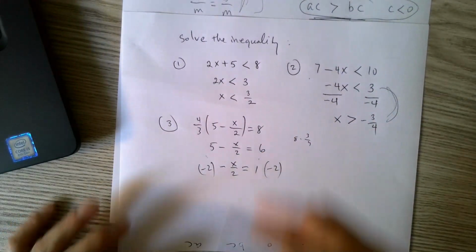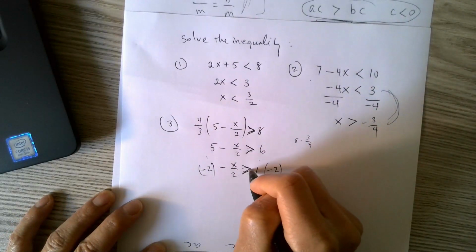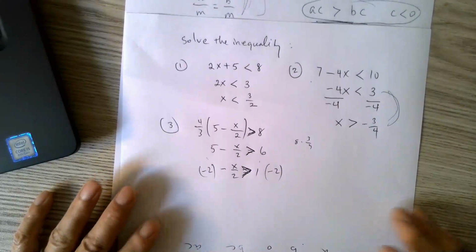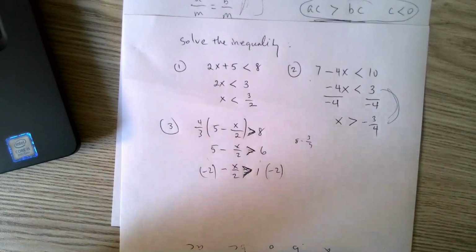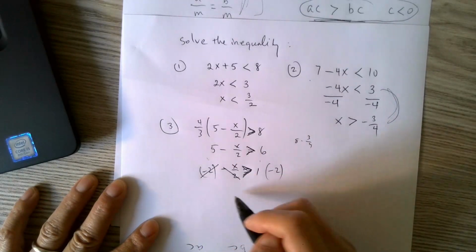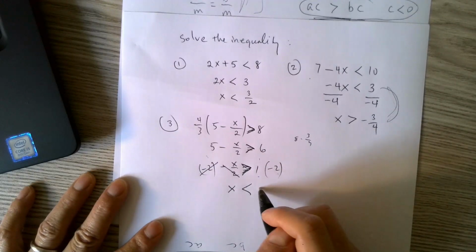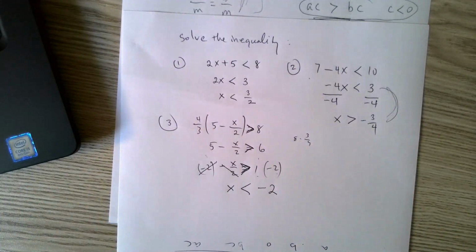Oh, sorry. This was supposed to be an inequality. Both sides by -2, and this is when the flip of the inequality happens. So this -2 will cancel that -2. The inequality will flip, and 1 times -2 is -2. Okay, so that's solving inequalities.